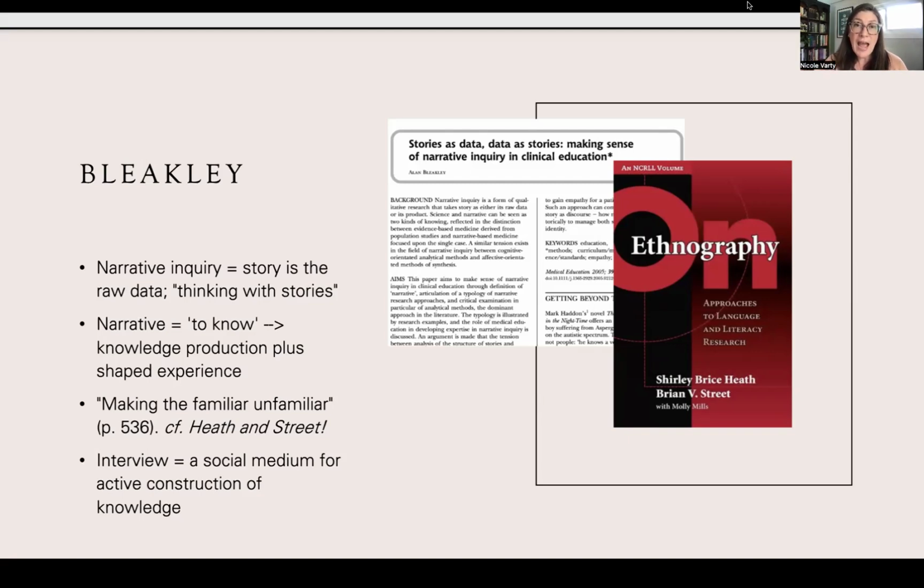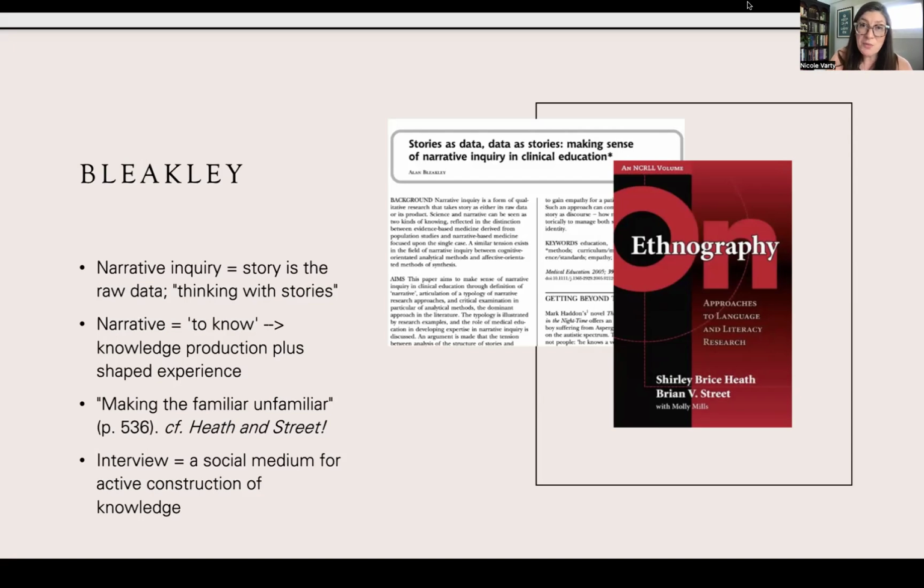Bleakley is talking about how thinking with stories is the definition of narrative inquiry writ large. And so this kind of qualitative research where we are trying to develop really rich, deep listening, deep attentiveness to observation site, to participants who are telling us their stories. This is incredibly well aligned with narrative medicine's goals and priorities.